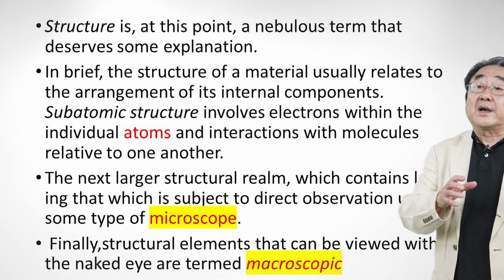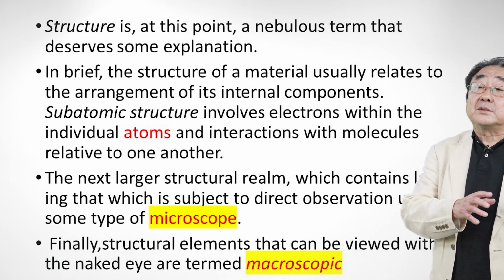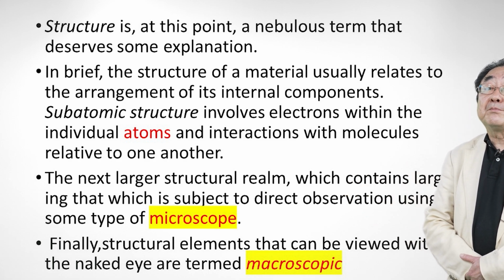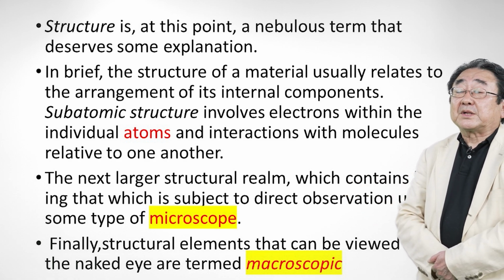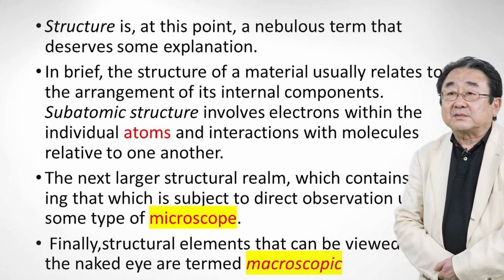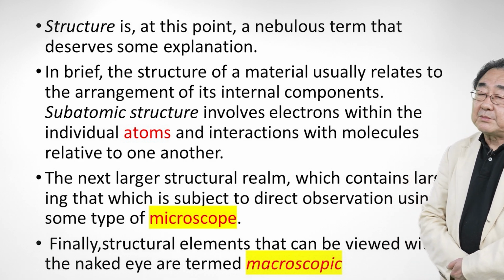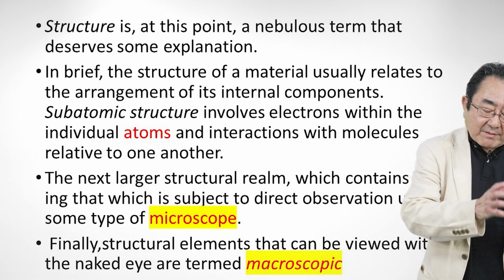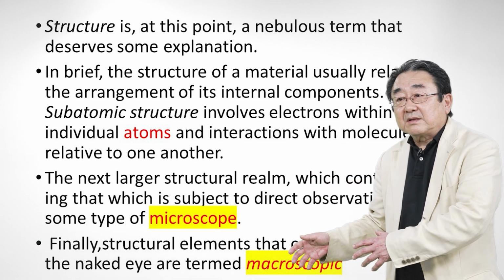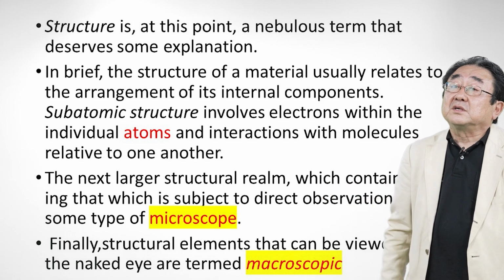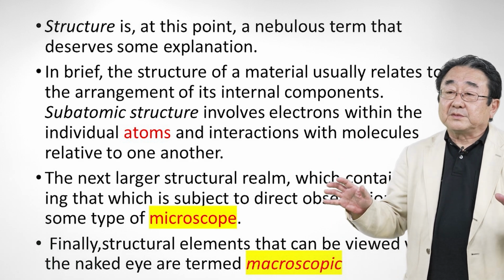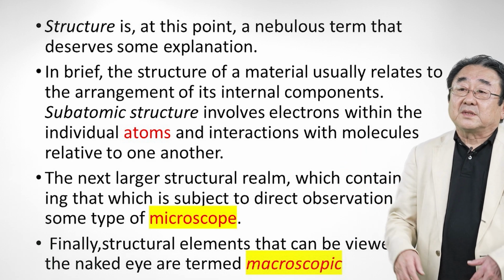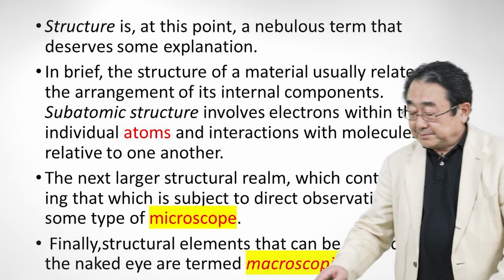So this change from micro to macro is very important in material science and engineering. So when we observe the materials microscopically or macroscopically, we need both scopes. We need both standpoints, micro to macro.